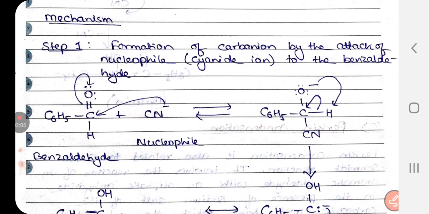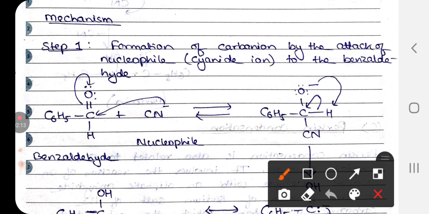alcoholic potassium cyanide dissociates and forms CN minus ion, which behaves like a nucleophile. This CN minus ion starts to behave like a nucleophile, and benzaldehyde is structurally represented.